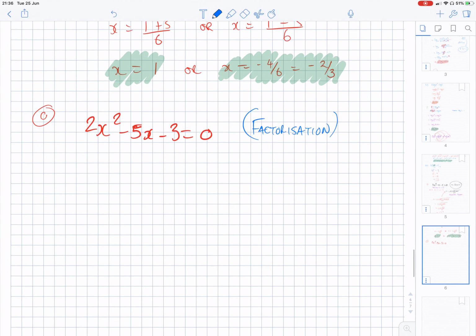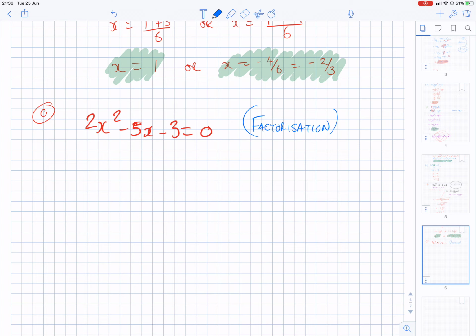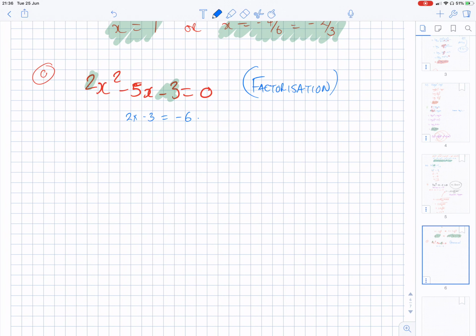So when we're factorizing, first of all, because we've got a 2 here, we take this 2 and multiply it by this minus 3. So 2 times minus 3 equals minus 6. So basically we say, what two numbers do you multiply to make minus 6, and what two numbers do you add to make this minus 5 here?